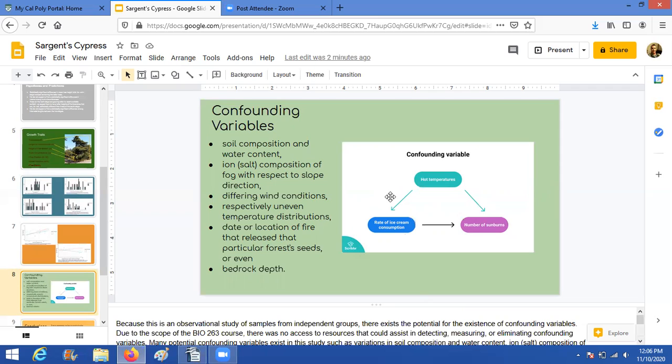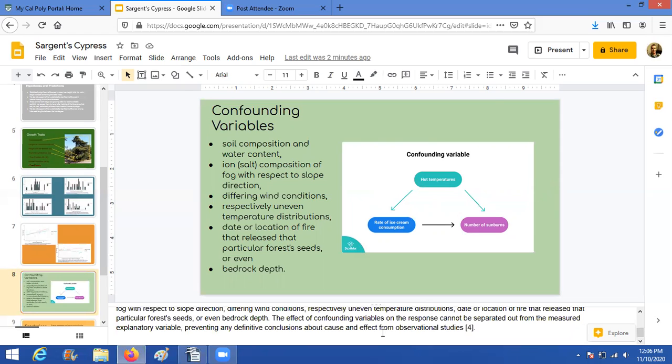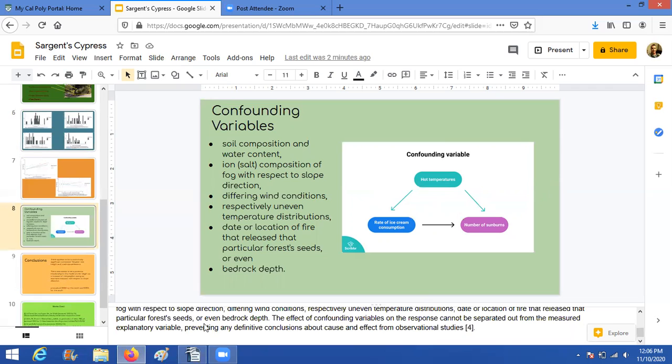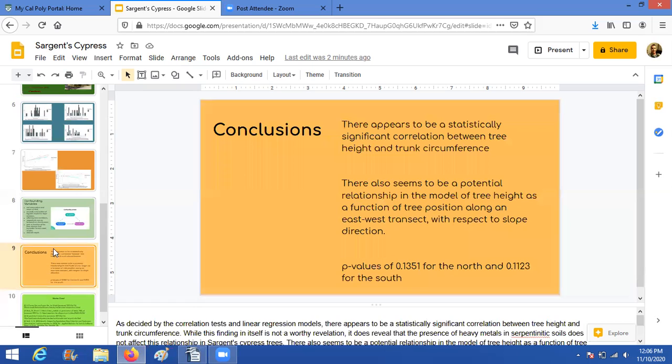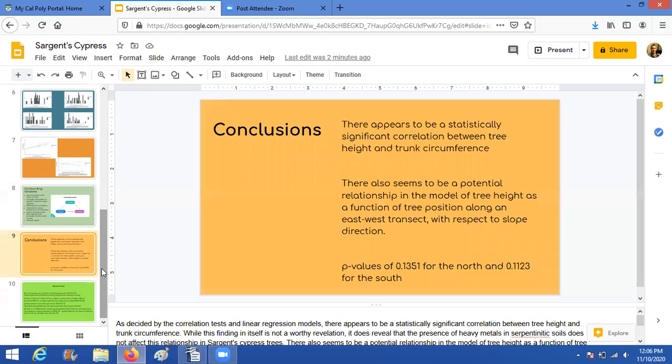Just a lot of differences that we couldn't really take into account for this study. So further research would be ideal. Maybe an experimental setting where you can grow these trees and subject them to different conditions in a laboratory environment.